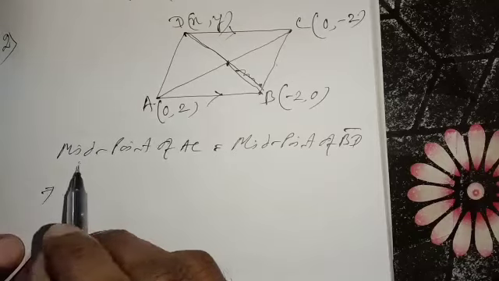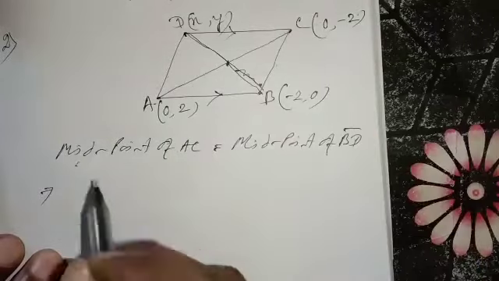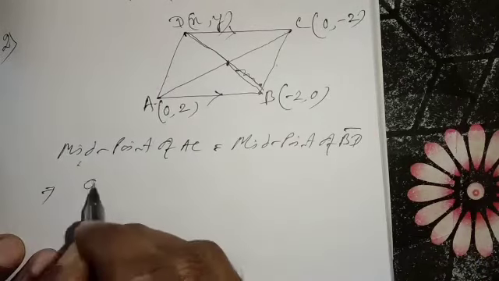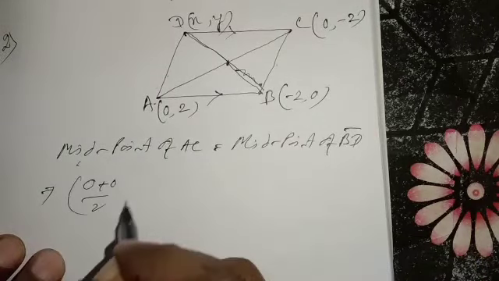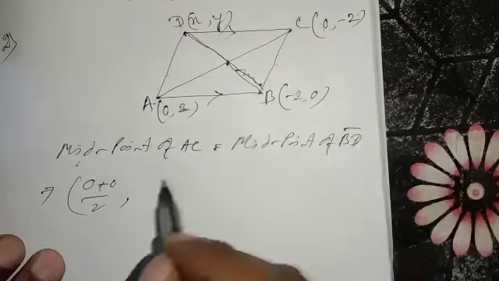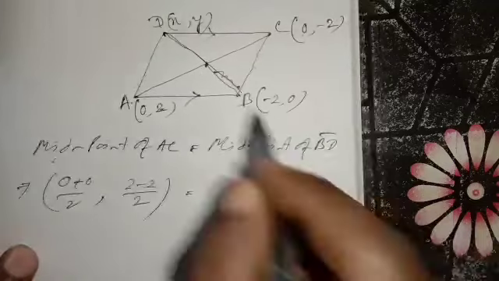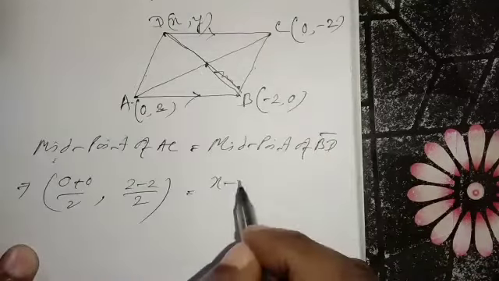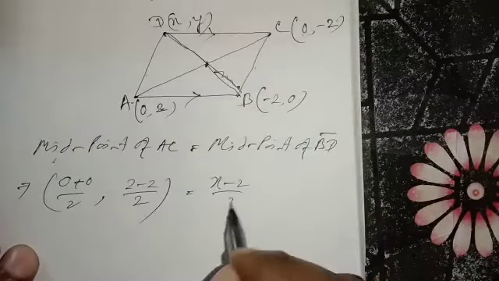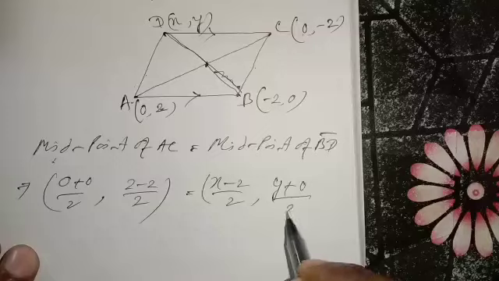So using the midpoint formula, midpoint of AC means x coordinates addition, 0 plus 0 by 2, and y coordinates, 2 minus 2 by 2. Again midpoint of BD: x minus 2 by 2 and y plus 0 by 2.